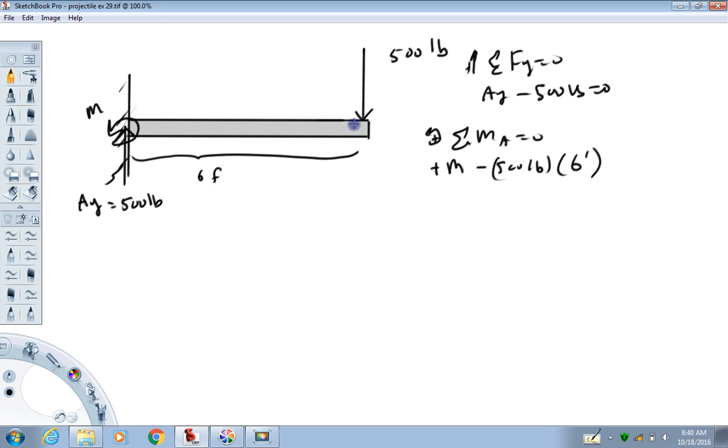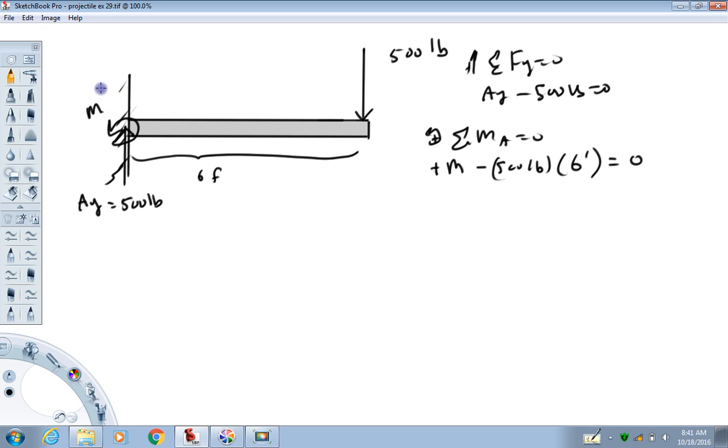And again, the minus sign is because if I sum moments about point A, the 500 pounds is producing a clockwise moment, and I'm doing counterclockwise positive. And that's it. It's the only forces in this problem, so equals 0. So our moment is equal to, if I add this to the right, 3,000 foot-pounds.